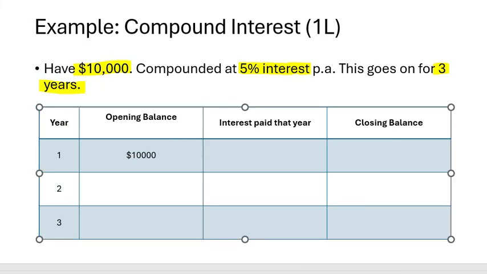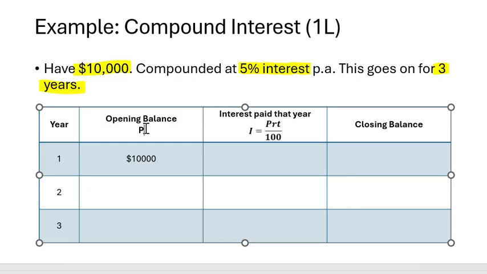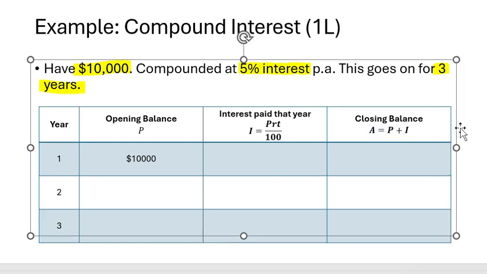This is pretty much using your I equals PRT over 100, just like that. And then your closing balance is A equals P plus I. And you're going to do this every single time for every single year.